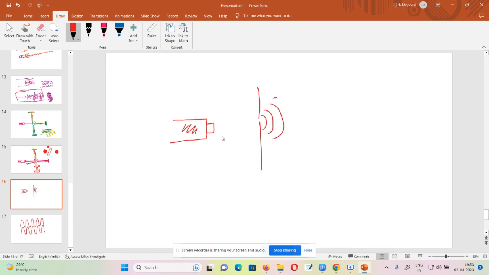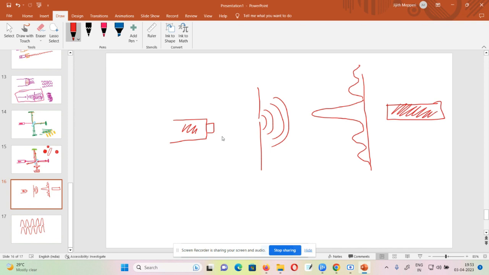You may have studied that there will be single slit diffraction, so only one diffraction will happen. This kind of intensity profile you will get: a thick intensity this side and some thin fringes, going like this way.